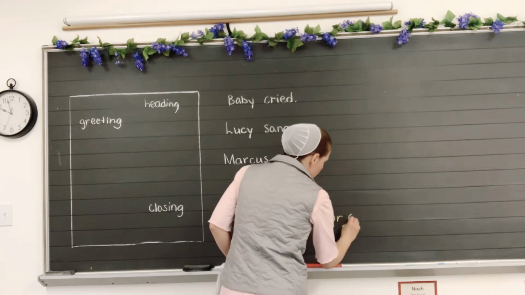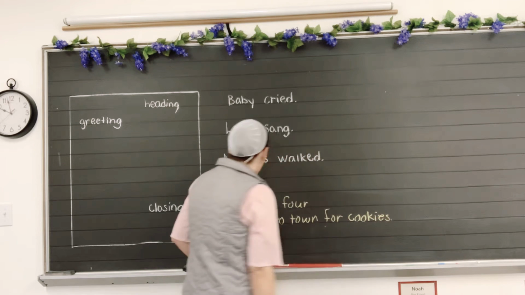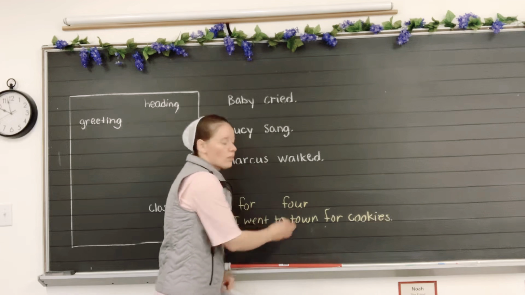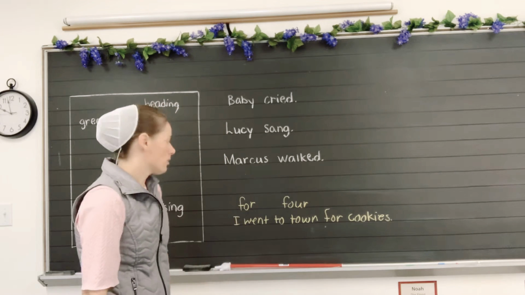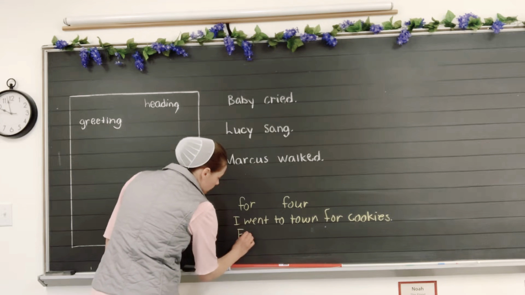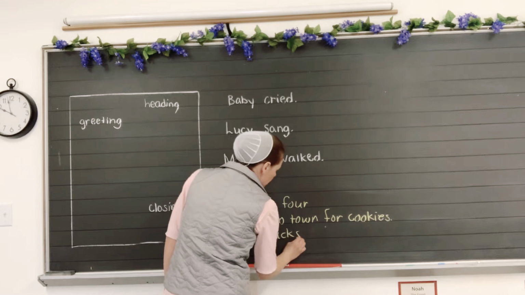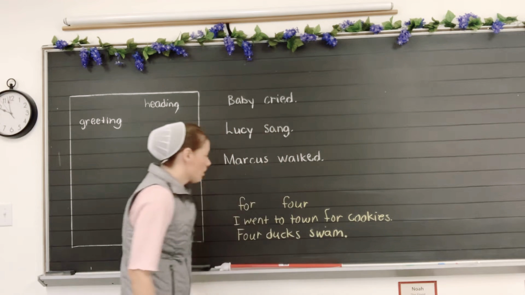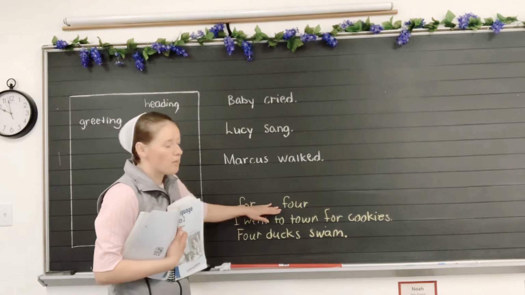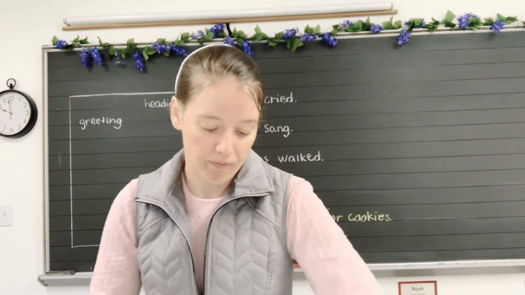And then we have this one, that means the same as the number 4. So we could say, four ducks swam. So these we call homophones. Homophones, they sound alike, but they mean different.